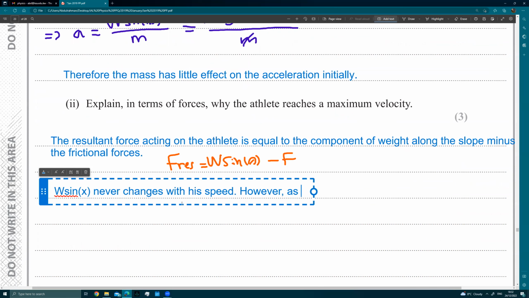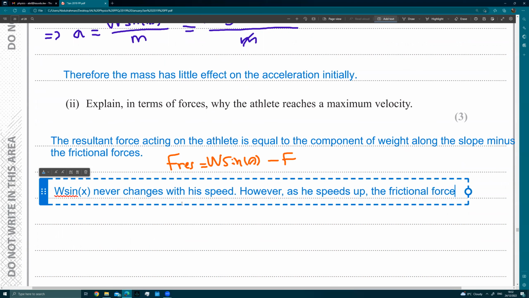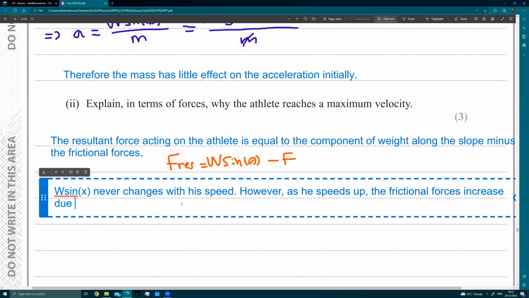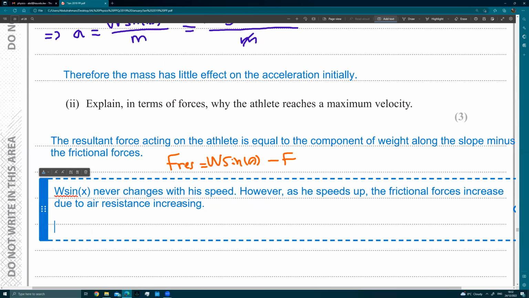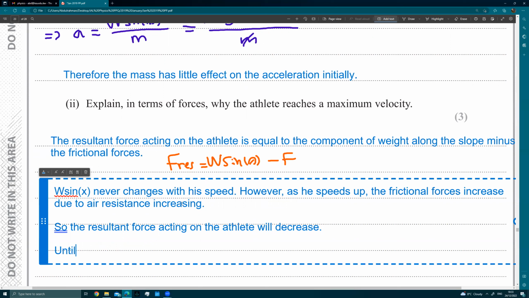However, as he speeds up, the frictional forces increase due to air resistance increasing. So the resultant force acting on the athlete will decrease until W sine theta is equal to F, right?